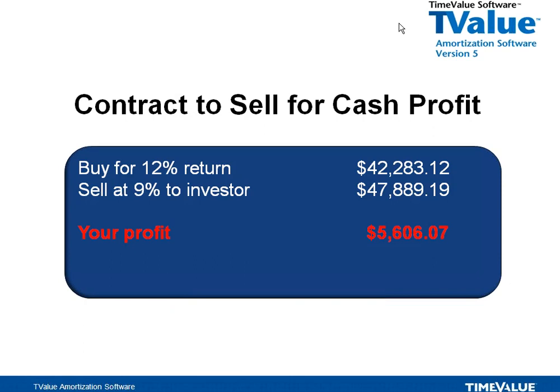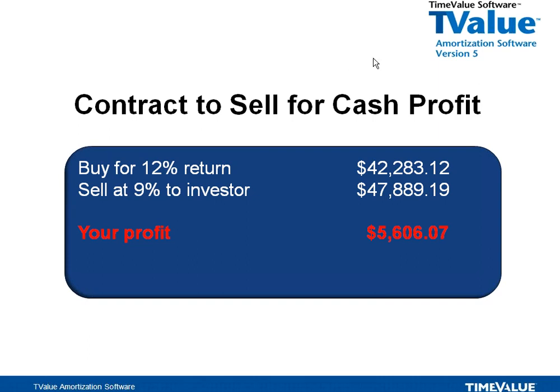We've negotiated $42,283, and I have an investor that wants a 9% return on his money. I sell it to him for $47,889, and I get a profit of $5,606. Not a bad little profit just for being the middleman.